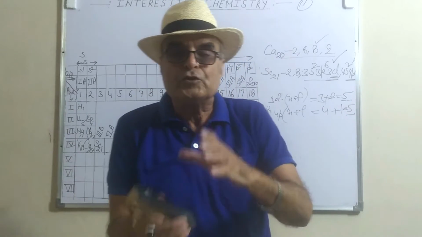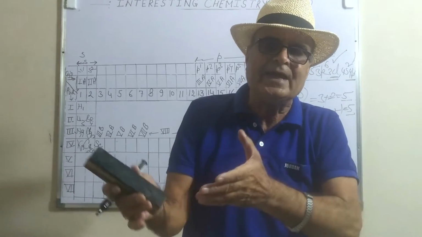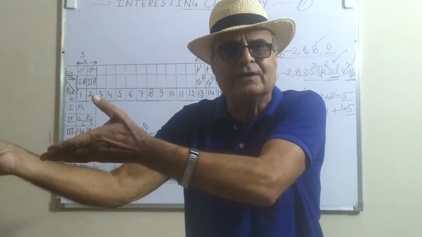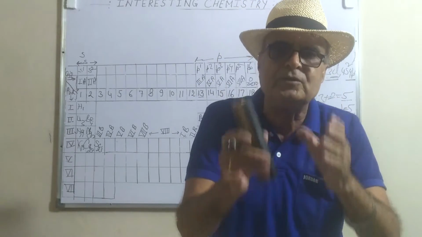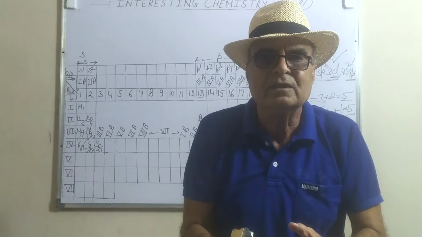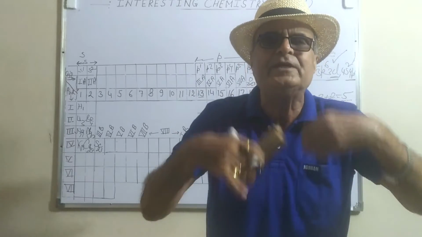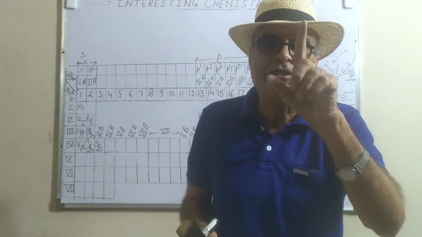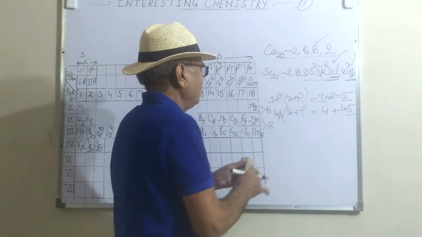So now the second part of the n plus l rule. First part I told you, the lower energy and higher energy: the lower energy orbital will be occupied first and the higher energy orbital will be occupied later. But when 2 or more orbitals have the same n plus l value, then the newly entering electron will occupy that orbital which has the lower value of n.